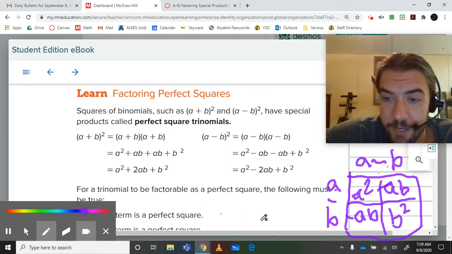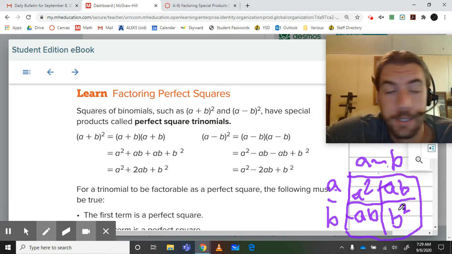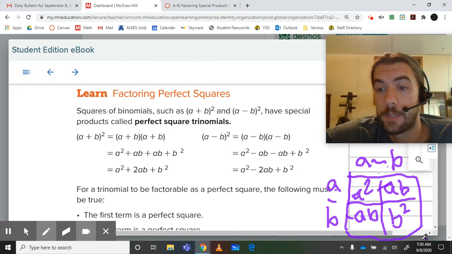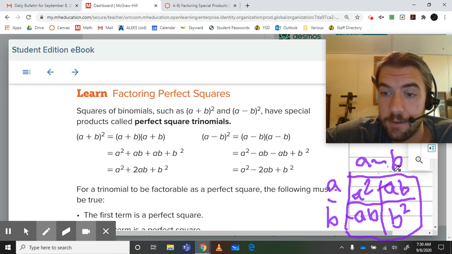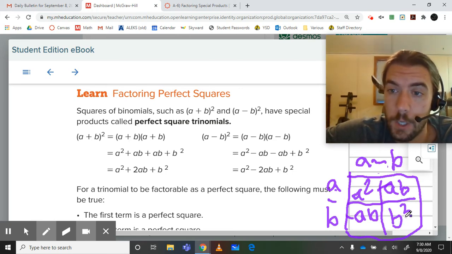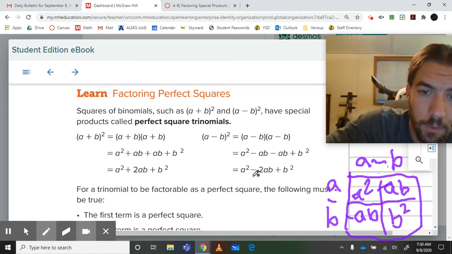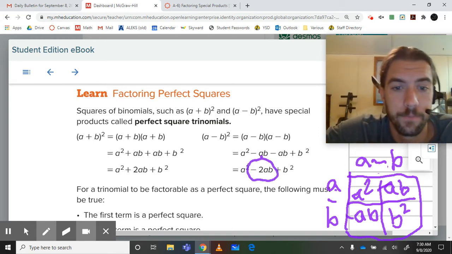What do we get when we do negative b times negative b? Well, just like any 2 negative numbers being multiplied gives us a positive number, negative b times negative b will give us a positive b squared. Okay, so the b squared part doesn't change. The only part that really changed was that 2ab became a negative 2ab.